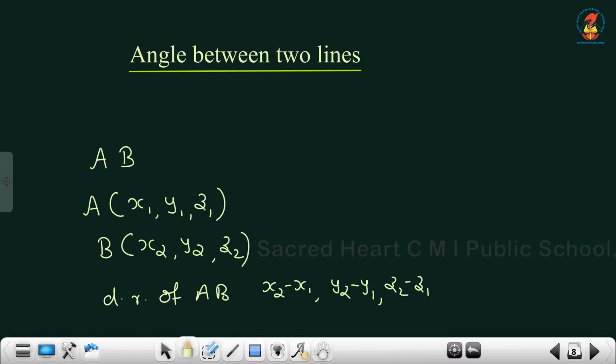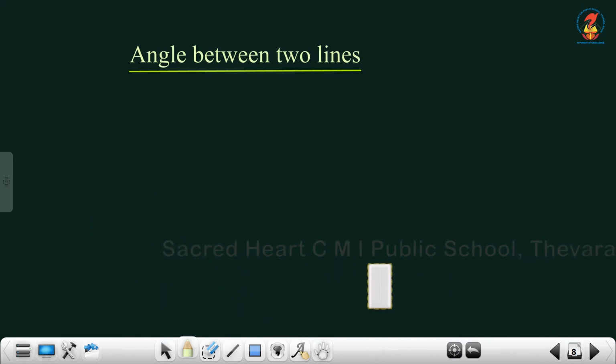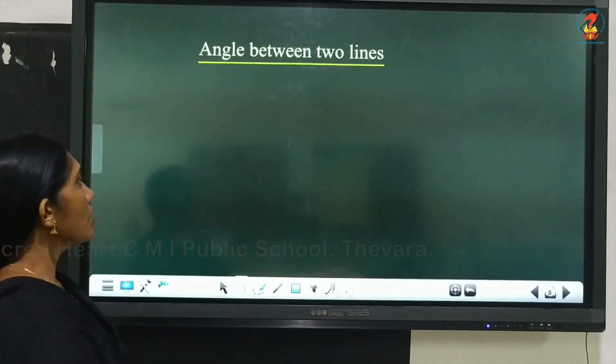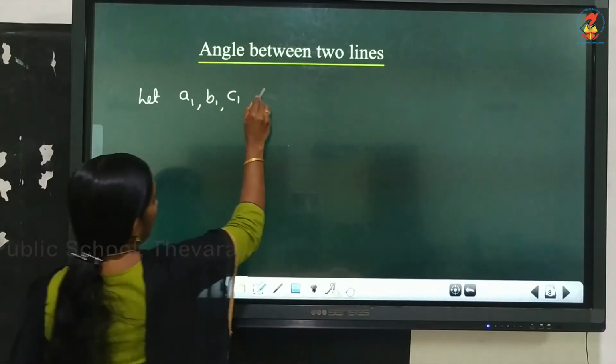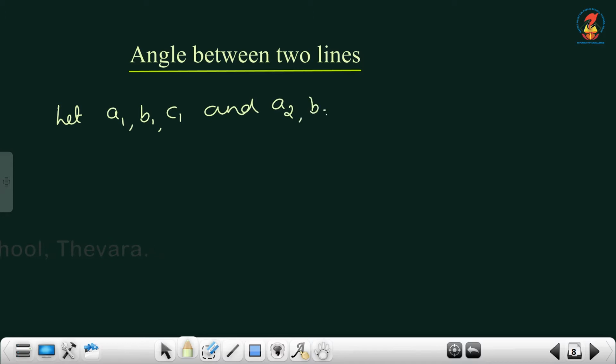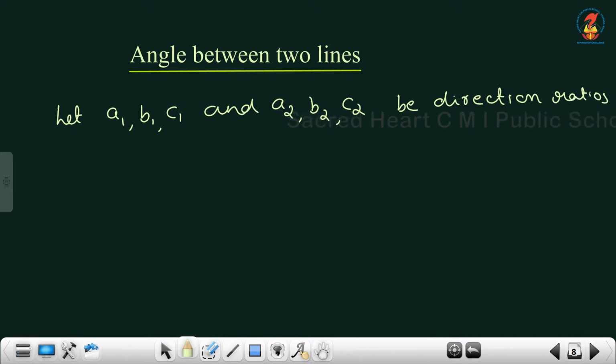Okay. So here, if direction ratios of two lines are given, how to find the angle between those lines? So let A1, B1, C1 and A2, B2, C2 be direction ratios of two lines AB and CD.